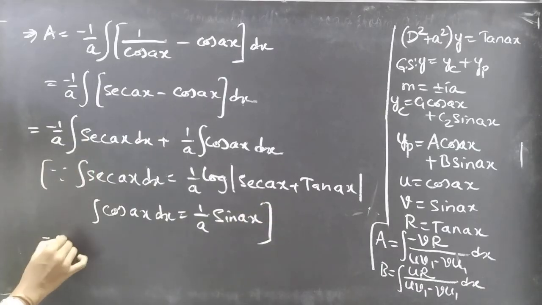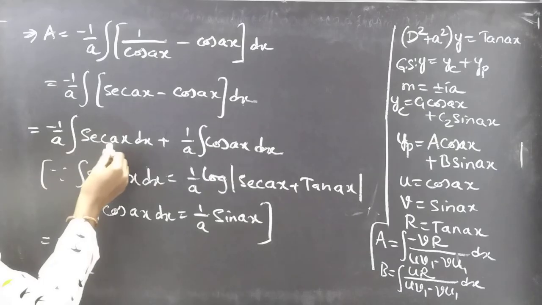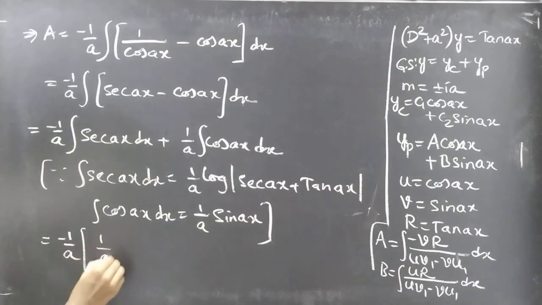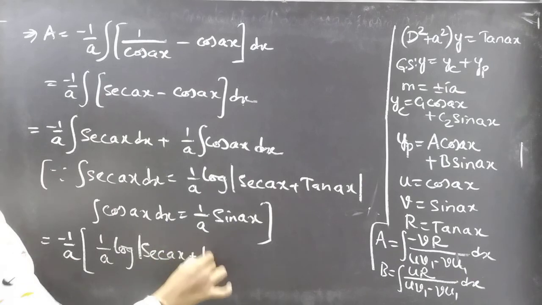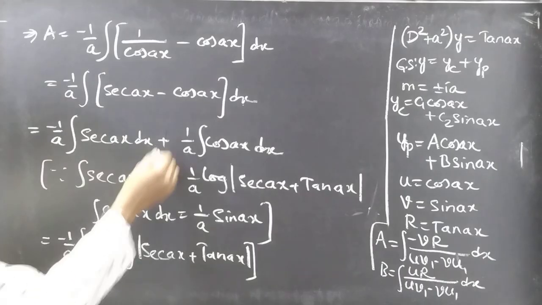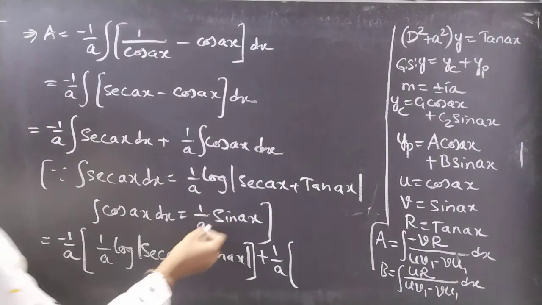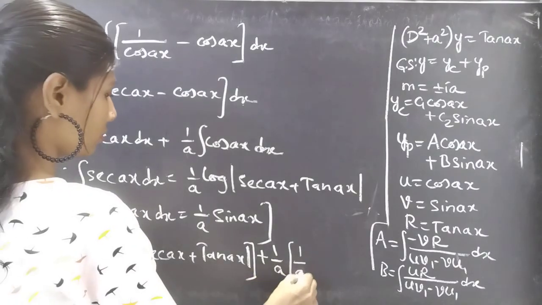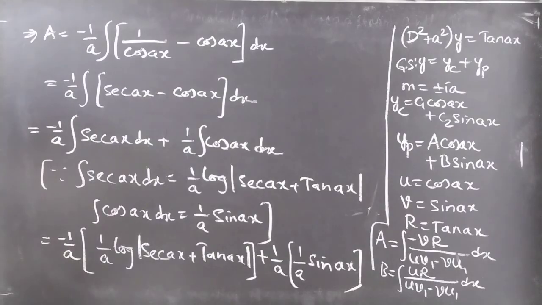So this becomes minus 1 by a into integral secant ax dx is 1 by a log mod secant ax plus tan ax, plus 1 by a into integral cos ax dx is 1 by a sine ax.